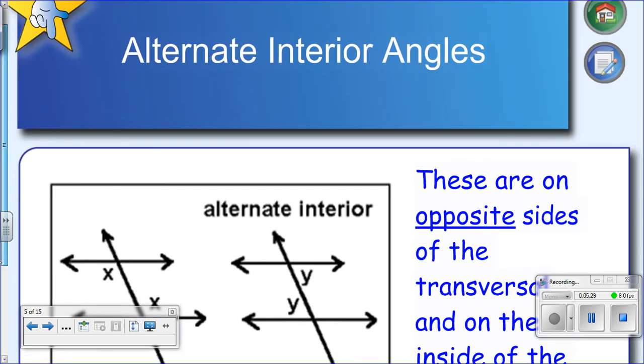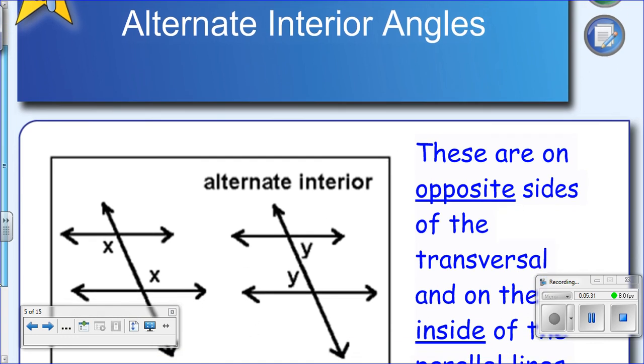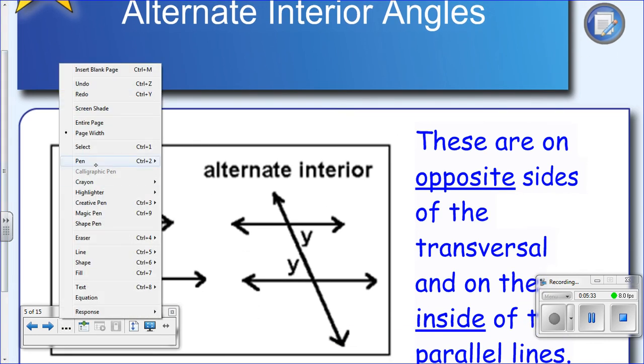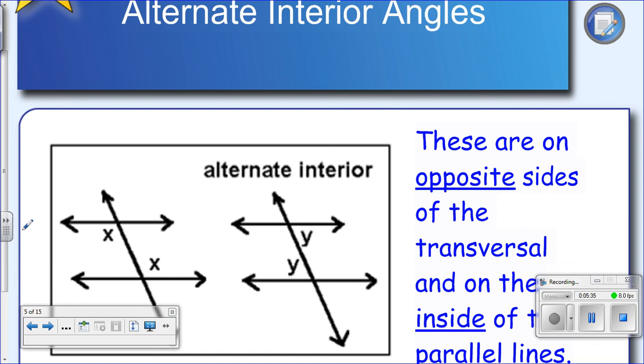Alternate interior angles. Now I like alternate interior angles, and part of the reason that I like alternate interior is because these make logical sense. Alternate kind of sounds like opposite. Interior, like the interior of a home, is on the inside. So if I'm looking at my two parallel lines here, this is the interior.